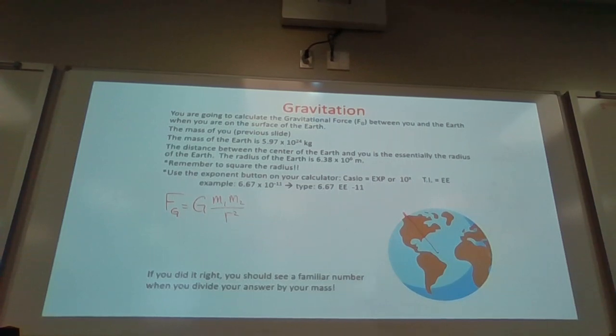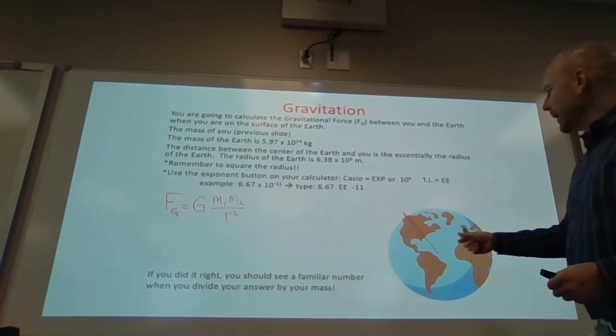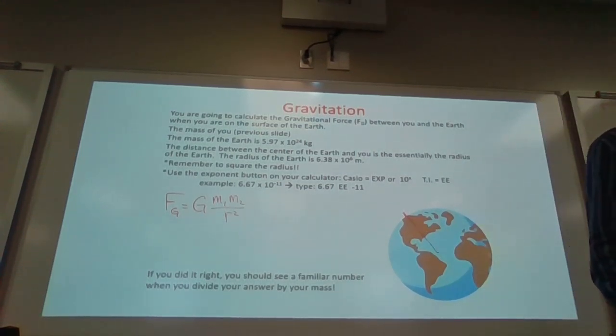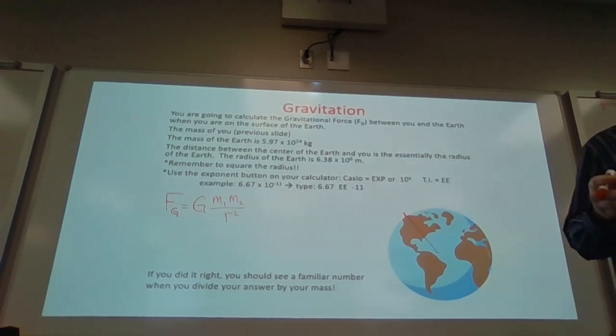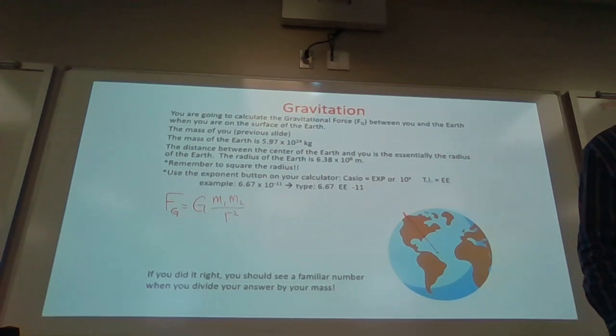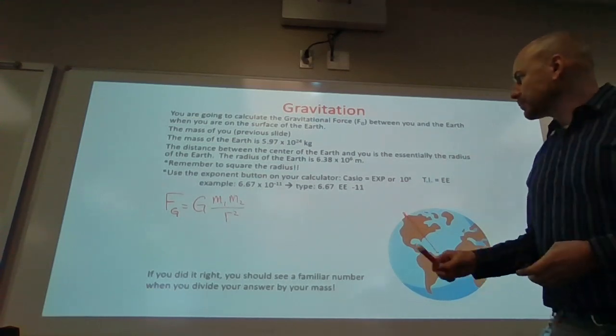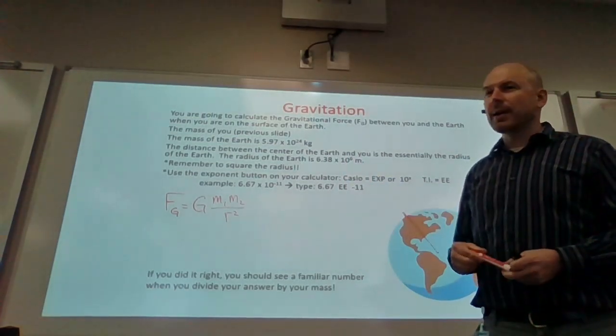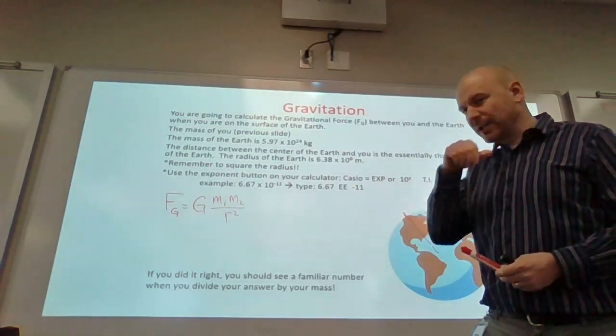Adding half of your height to the radius of the Earth is even more ridiculous than trying to account for high tide, low tide, measuring the distance from here to California. Okay, so it doesn't matter. So we just find the radius of the Earth. Okay, so 6.38 times 10 to the sixth is the radius of the Earth.